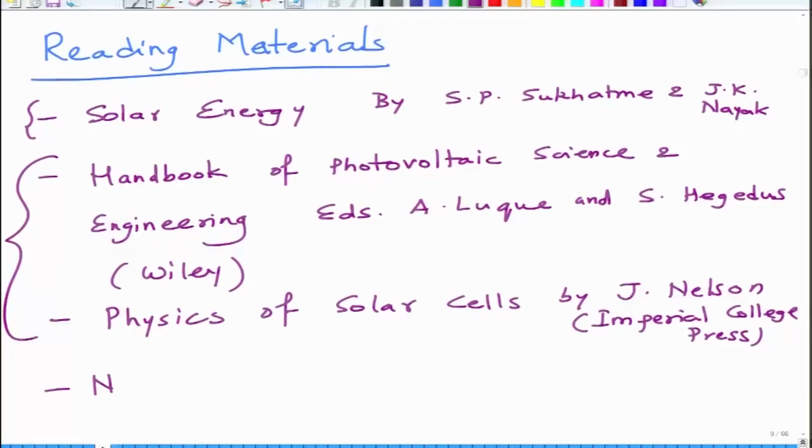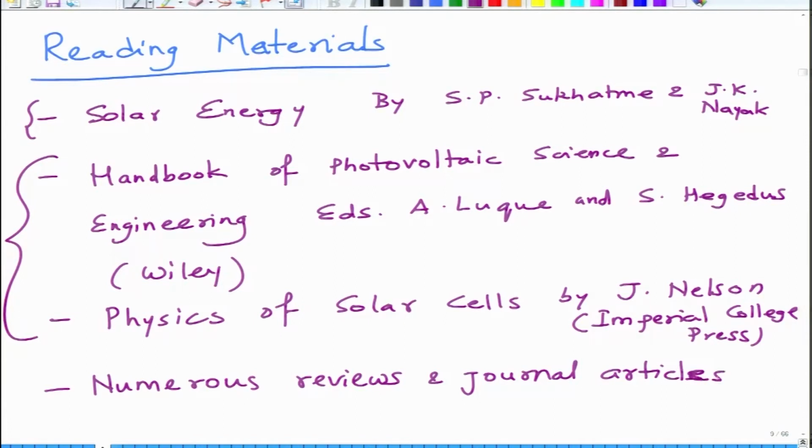In addition to these 3 books, there are a lot of reviews and journal articles which can be referred to, especially for new technologies. You see, these 2 books cover technologies which are first generation and second generation. Third generation technologies, however, are not covered very well in the textbooks.